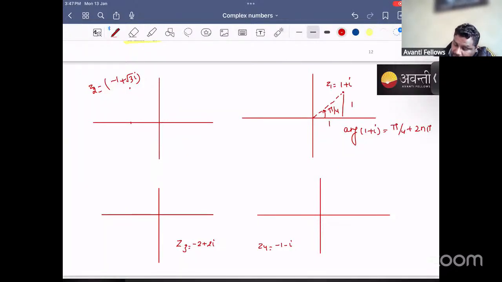Understood? Now come here. This distance is 1, this is root 3, so this angle is pi by 3. Now if this angle is pi by 3, the argument is going to be this angle, that is 2 pi by 3. So argument of minus 1 plus root 3 iota is 2 pi by 3. Got it?